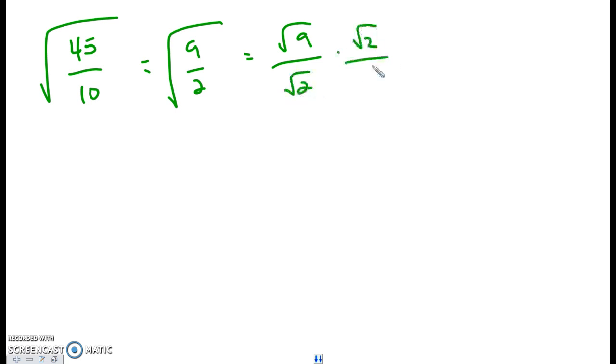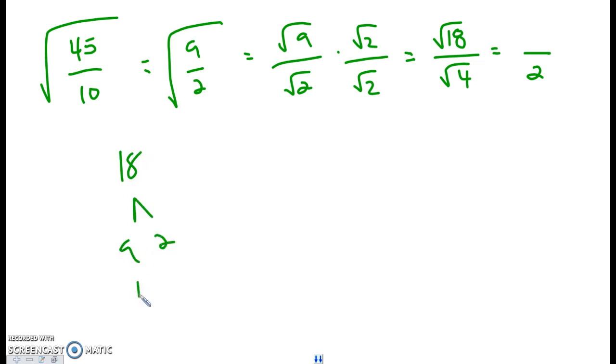Multiply the top and the bottom by radical 2. So I would get radical 18 over radical 4. Radical 4 we know to be 2. Radical 18, if you're doing a factor tree, is 9 and 2, 9 is 3 and 3. So I would get 3 radical 2 over 2 as my final answer.